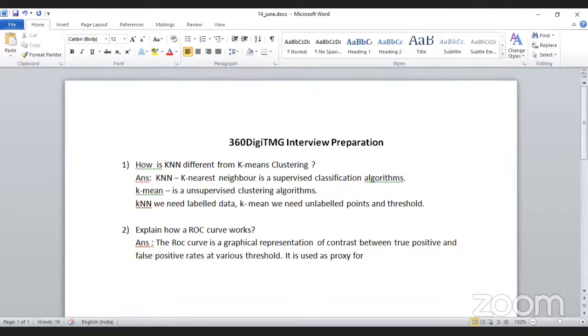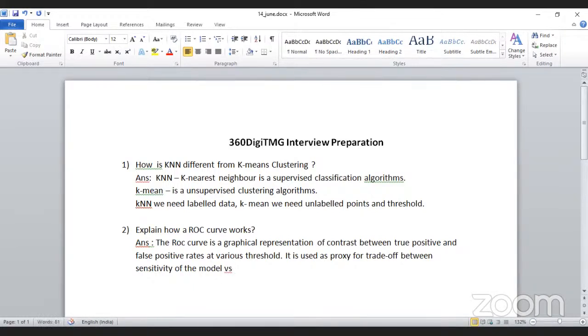Proxy for what? Proxy for the trade-off between the sensitivity of the model versus fallout.